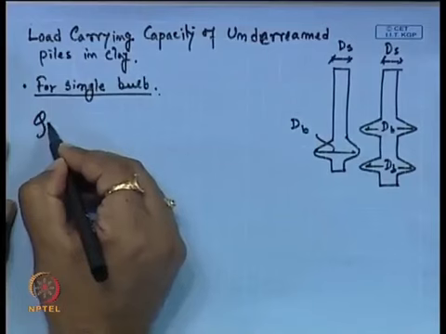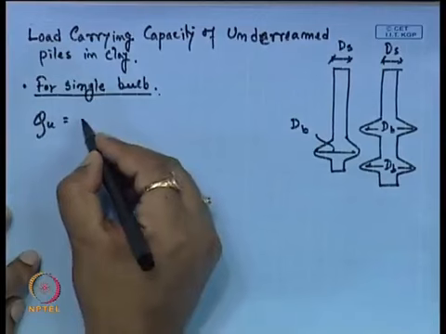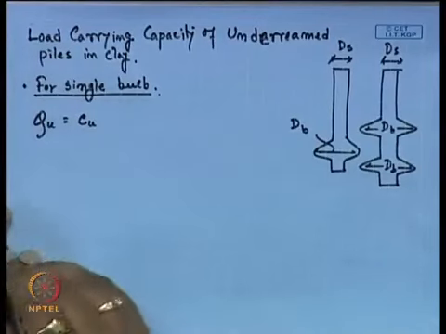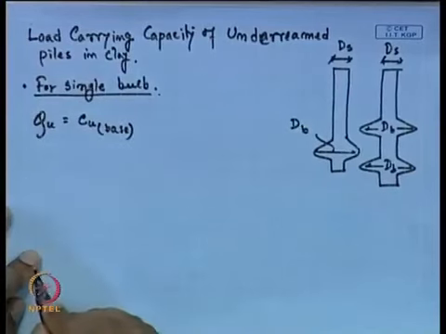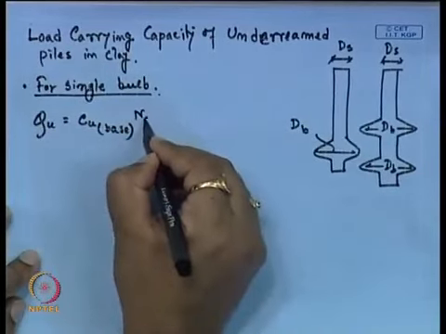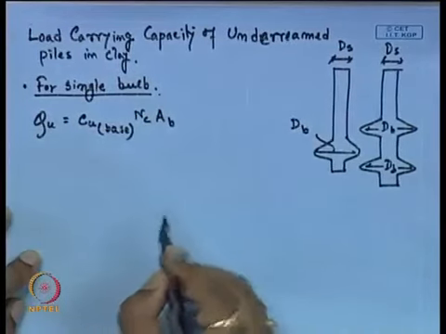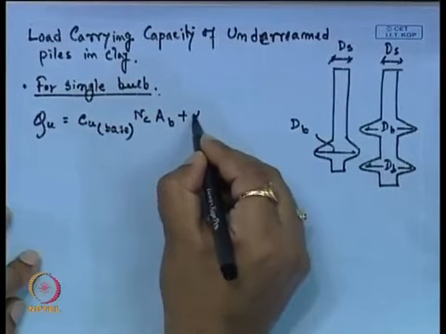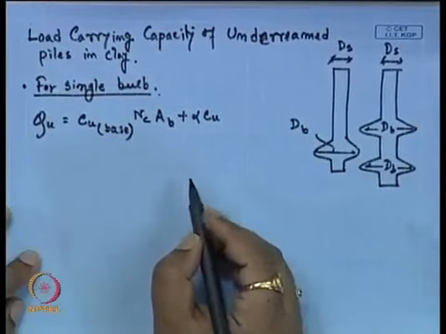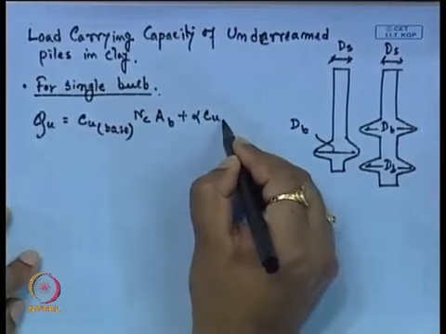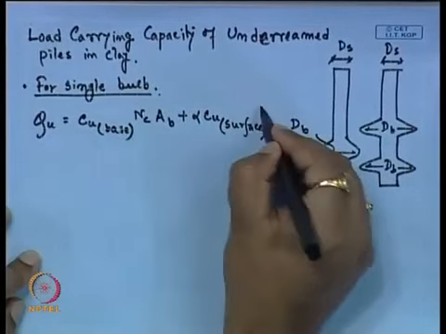For that purpose, the ultimate load carrying capacity of the pile Qu will be Cu, the cohesion at the base level, into Nc into Ab at the base, plus alpha into Cu, the cohesion at the surface, into As.